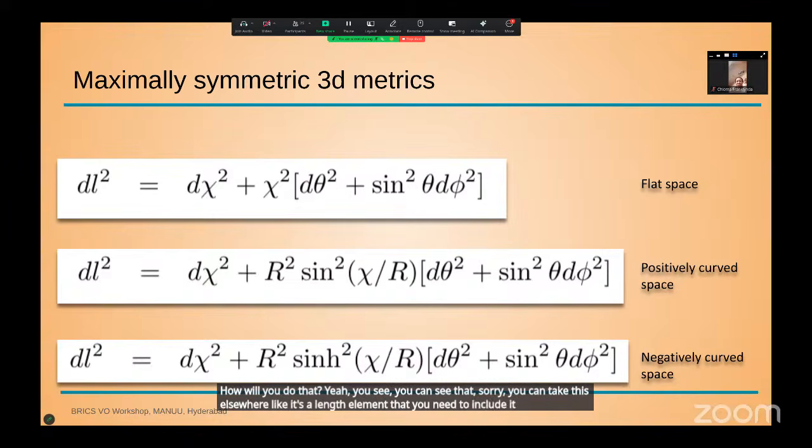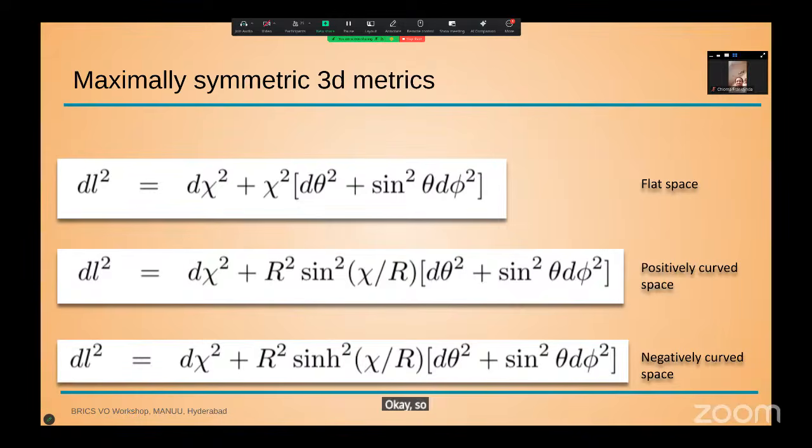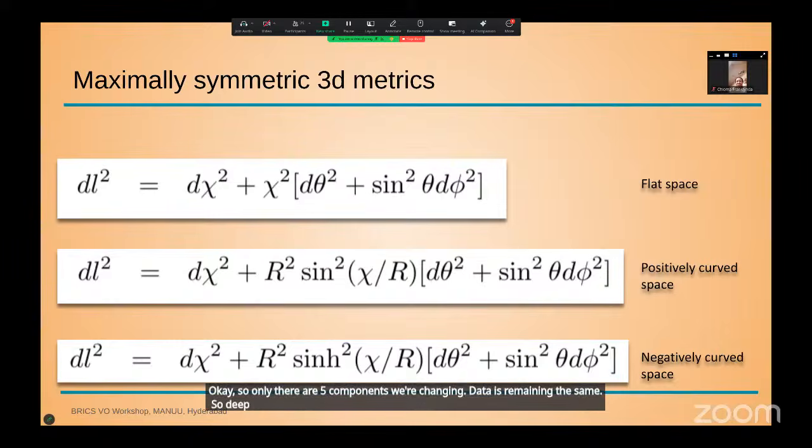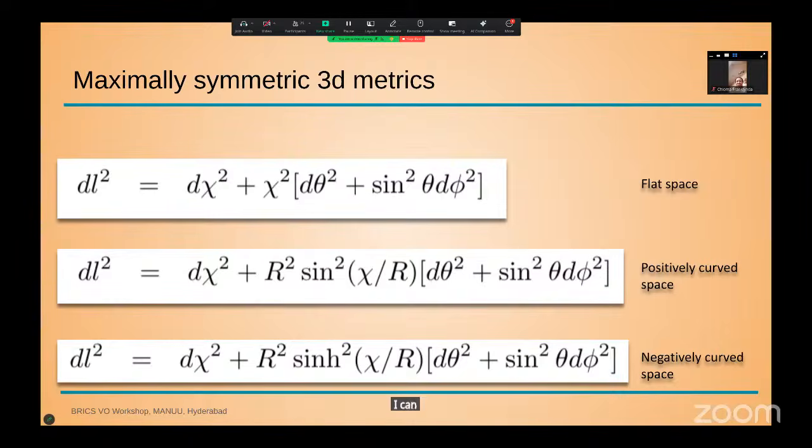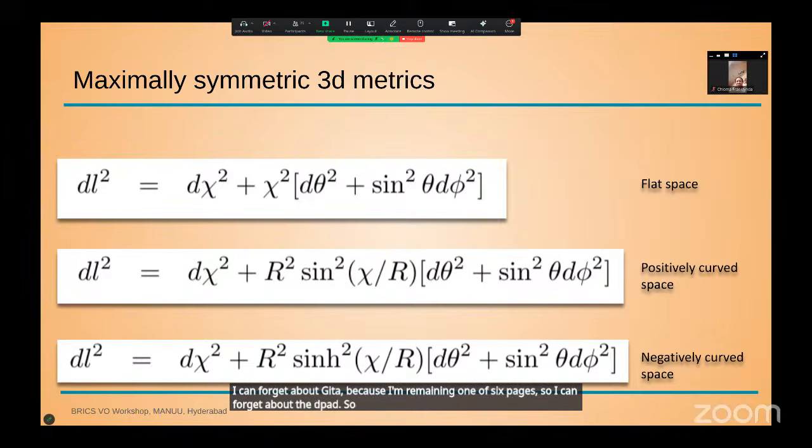Now, what is changing? Let's suppose I am on this circle. Only the phi component is changing. Theta is remaining the same, so d theta goes away. I can forget about d chi because I am remaining at a fixed radius. So now all that remains is the phi term. Sin squared theta I can always define such that theta is 90, so this sin squared theta will be 1.